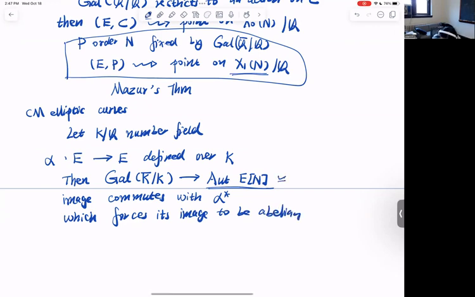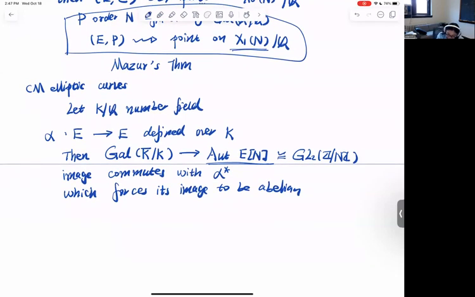The automorphism group was GL2, right? But in some sense, if your elliptic curve has CM, then once you base change to the number field K where the complex multiplication is defined, the Galois image becomes abelian inside GL2, which essentially has to be diagonal, right?